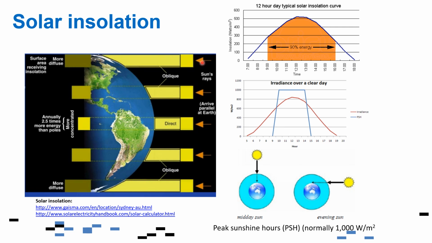Because as you can see, if you look from this side over here, when the sun is shining on these parts, the area is now bigger. So in terms of watts per square meter, the area is expanding, which means a smaller amount of energy is being received at this particular time.